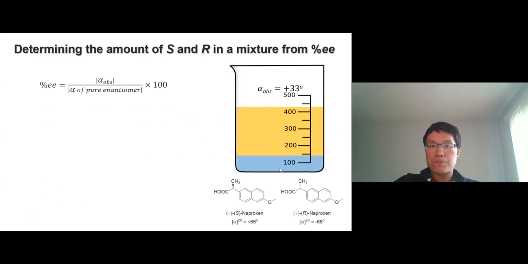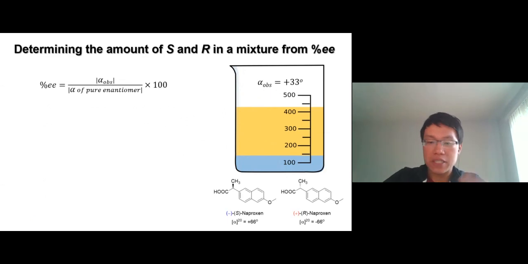So here's the scenario. Do some synthesis and you get the final solution. Measure the observed rotation and it's plus 33 degrees. If it were pure S, it's supposed to be 66. If it were pure R, it's supposed to be negative 66. This is somewhere in between. So how much more S than R, or R than S, can we calculate using this formula.